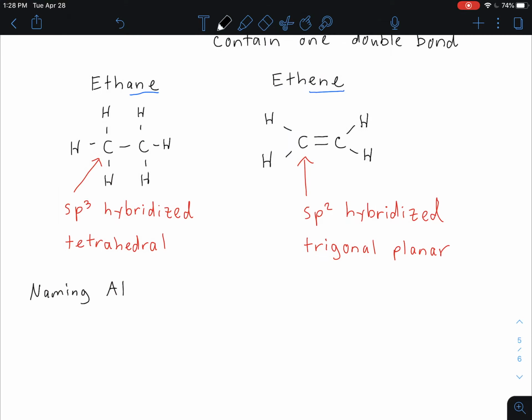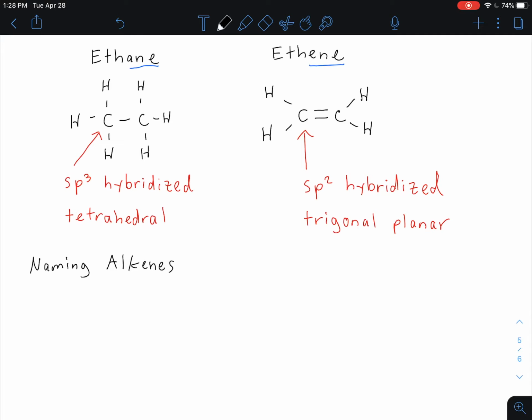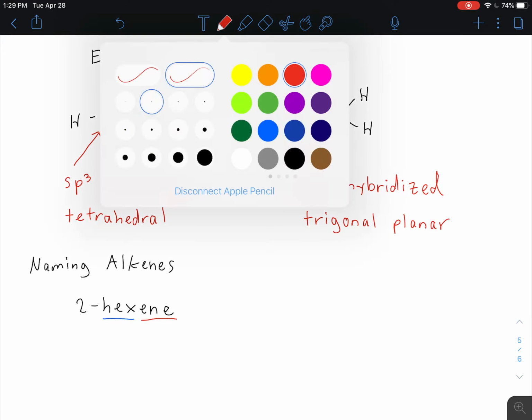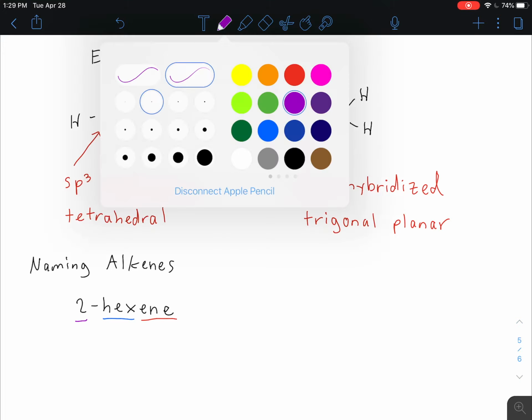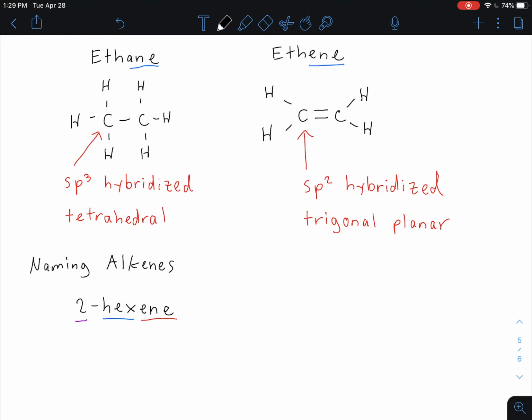So when I talk about naming alkenes, there's a little more detail here. First, we're going to need to indicate the location of the double bond and also talk about the overall chain length. So for example, if I name my molecule 2-hexene, well, it's telling me first, based on the hex, that it's a 6-carbon chain. Based on the ENE ending, it's telling me that there's a double bond, and the 2 is telling me the location of the double bond.